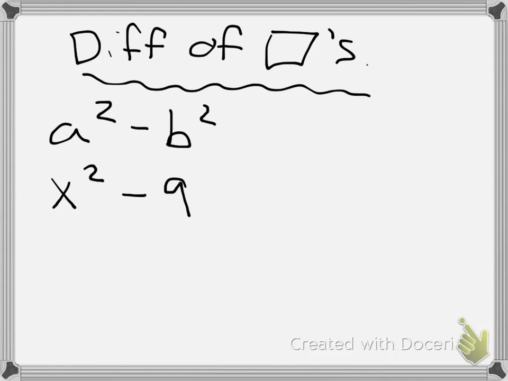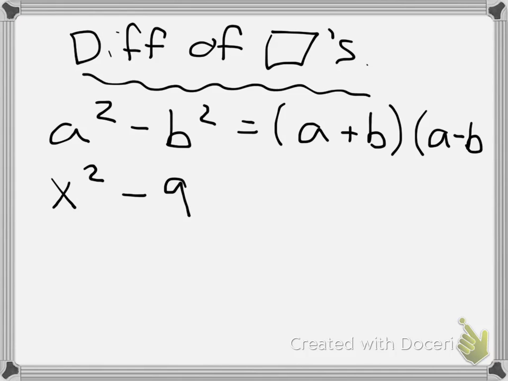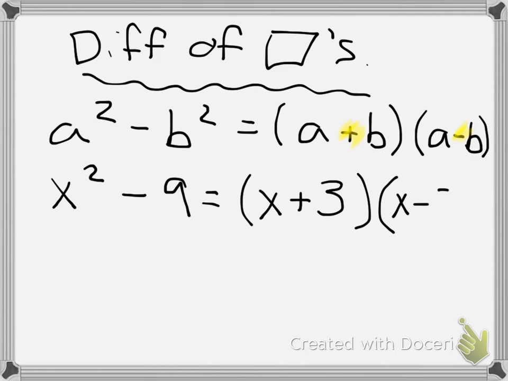So the rule is that we want to take the square root of the first term and the second term, and we're going to put them in separate brackets, and one will be a positive and one will be a minus. Okay, so if we had x squared minus 9, we'd say, okay, that's like x plus 3 and x minus 3, right?